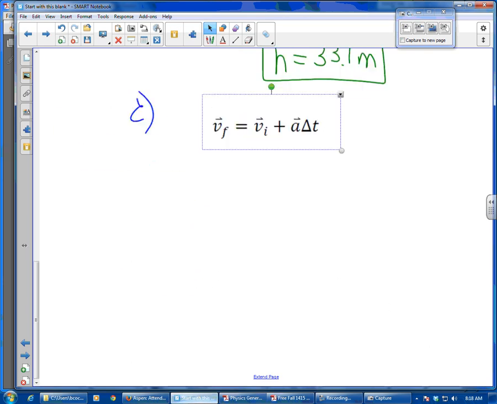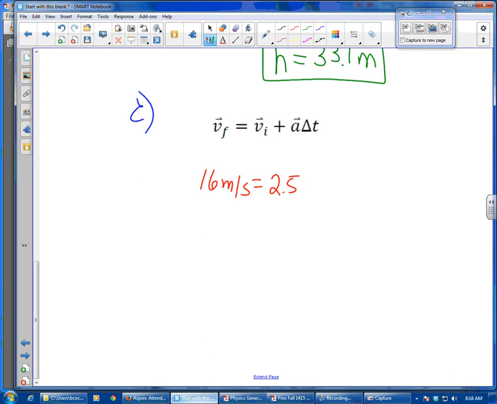And so for part C, they wanted to know how long after it was thrown did it pass the window. So I know at the window it was going at 16 meters per second. It started at my 25.5 meters per second, accelerating at negative 9.80 meters per second squared for some amount of time.